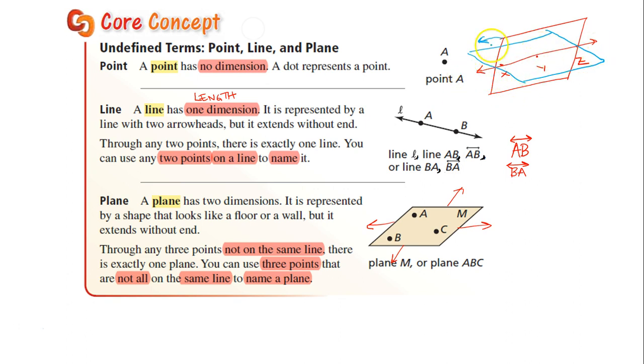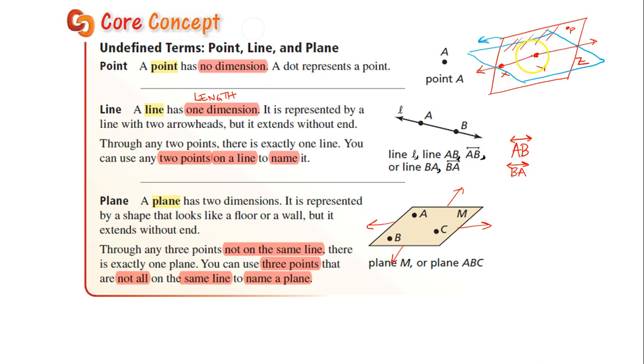But if you have 3 non-collinear points, say on the red plane we have a point down here, P, then I can name it with XYP. Since P is on the red plane, it's not really on the blue plane. Maybe I draw it better. So if I move P up here, you can see P is on the red plane, but it's not on the blue plane.